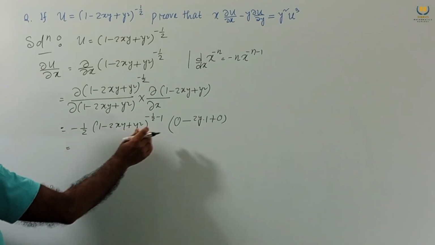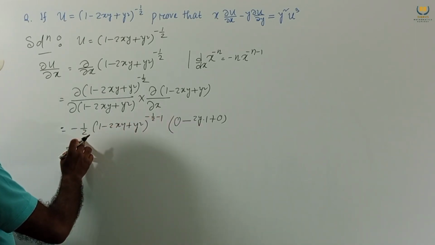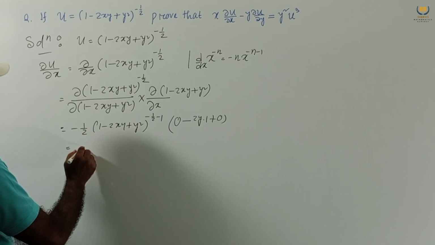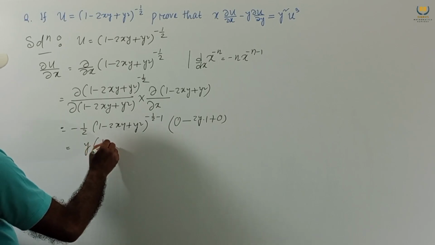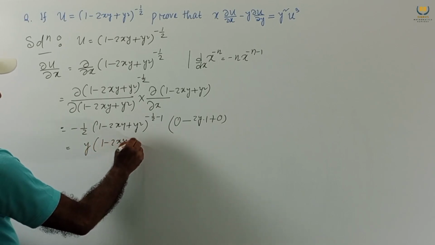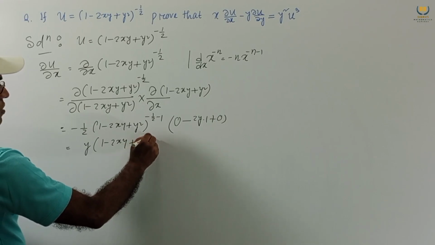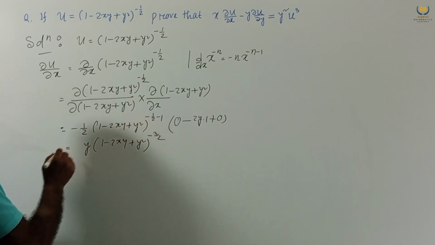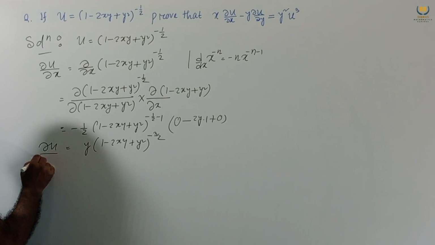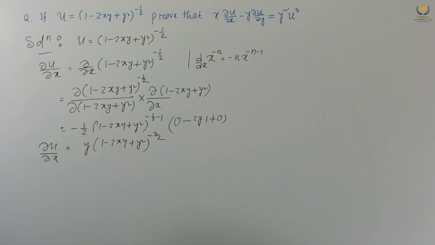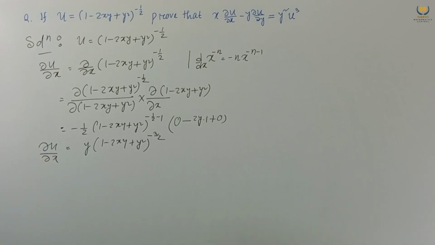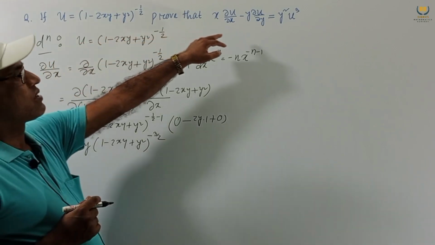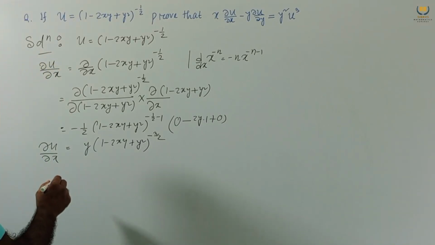The 2 also cancels and the minus cancels, and we get y into (1 minus 2xy plus y square) whole to the power minus 3 by 2. This is del u del x. Now again we differentiate partially with respect to y.